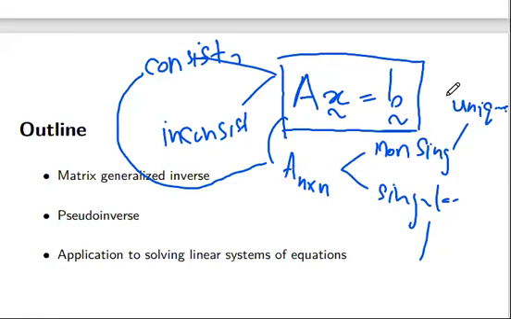During the first 2 weeks, we obtained the solution to this linear system if it is consistent, square and non-singular. Now let's assume the system is consistent and the coefficient matrix is singular.